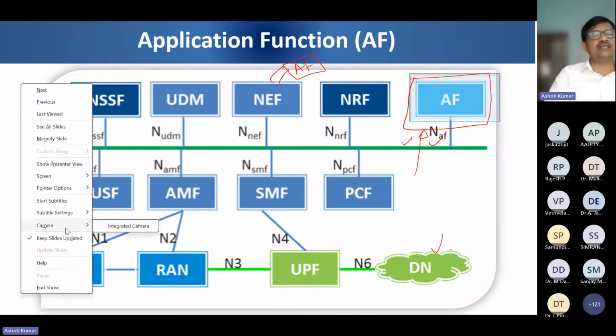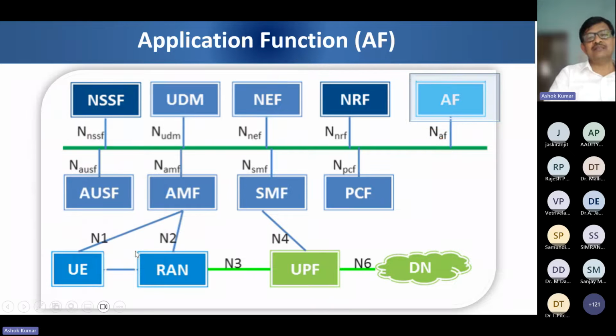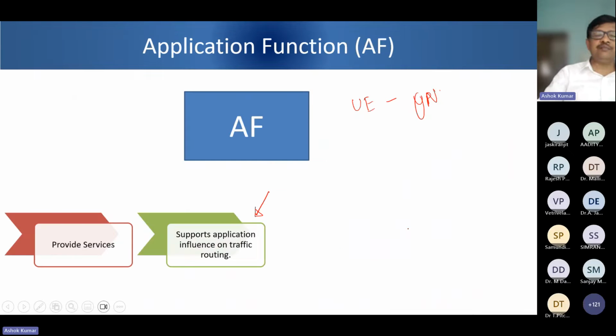One is where services will be provided, that is the user plane data, and the other is certain control aspects. That will be connected through NEF, and the other will connect to the UPF as part of the data network. And the statement here is that it will have influence on traffic routing.